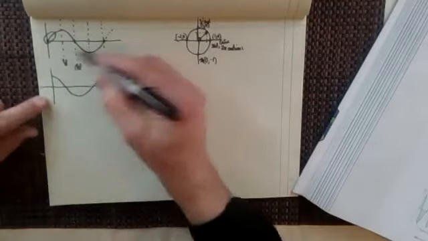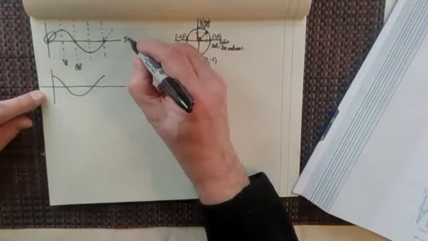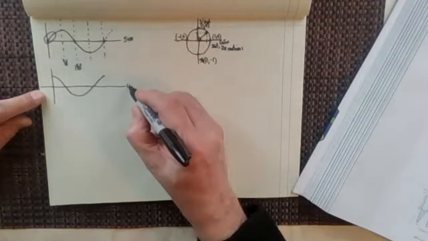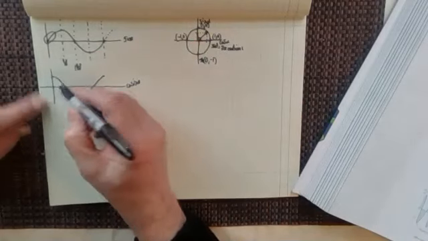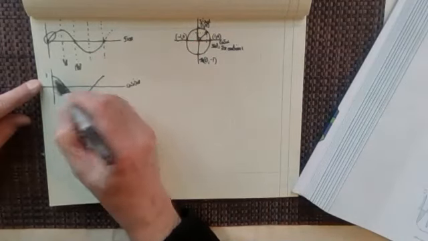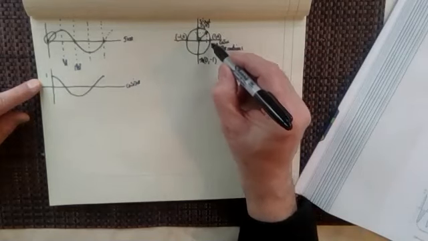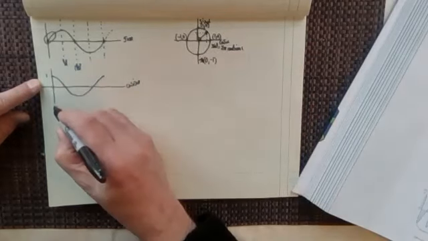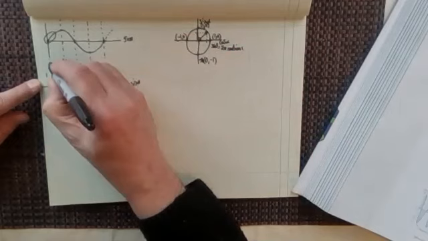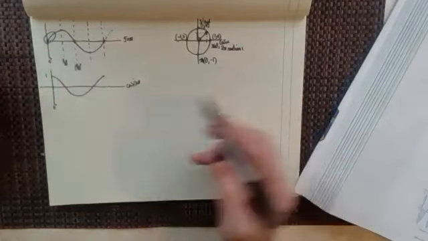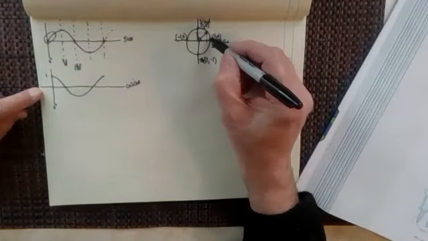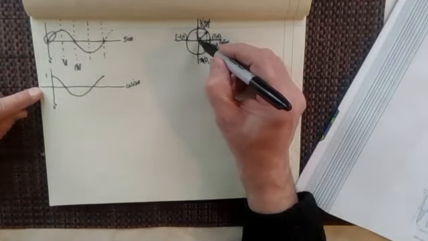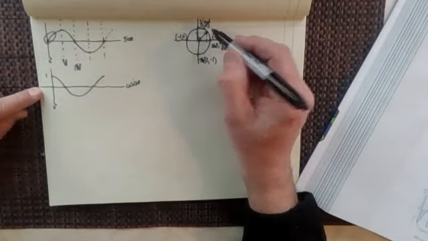And why do I say that this is a sine wave and this is a cosine wave? Because look at where we start here. We start at 1. And of course, the cosine is 1 at 0 degrees, just like the sine at 0 degrees was 0. And then we go down to 0 at 90 degrees. And isn't that what's happening here? We're going from 1 back to 0 because the coordinate of this is 0, 1.